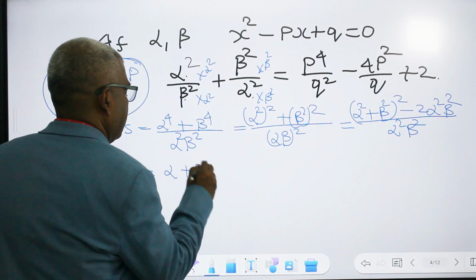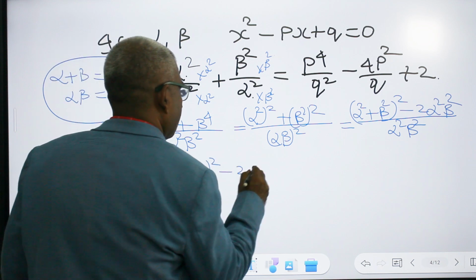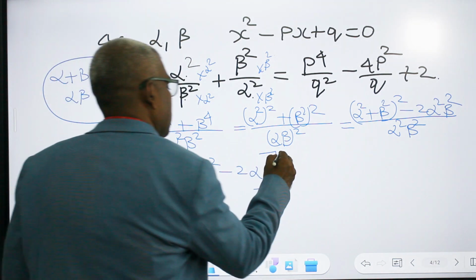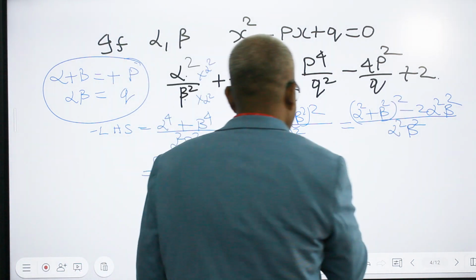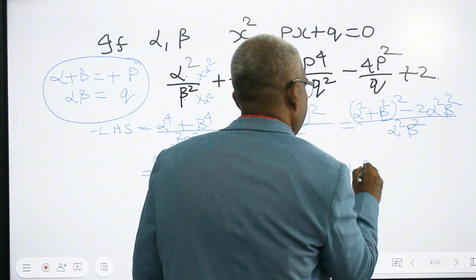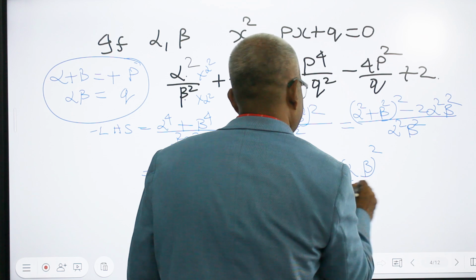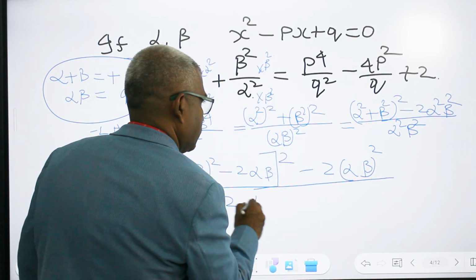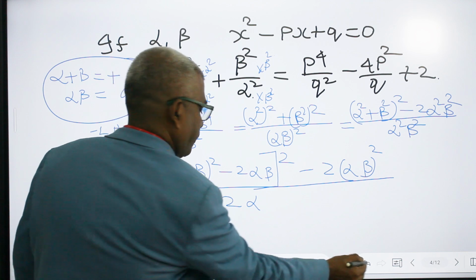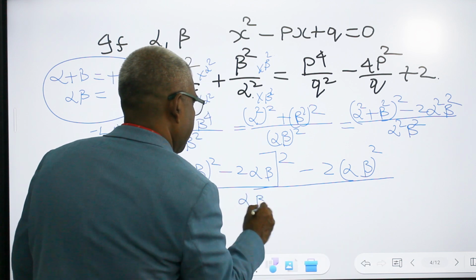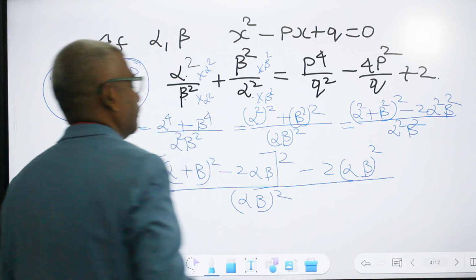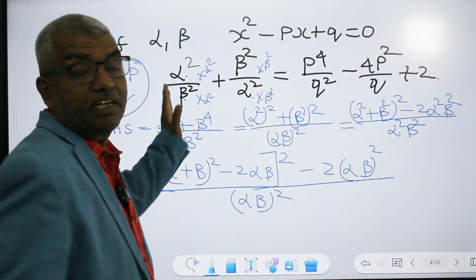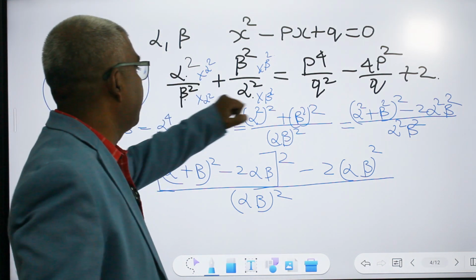Alpha plus beta whole squared minus 2 alpha beta, whole square, minus 2 alpha beta square, divided by alpha beta square.